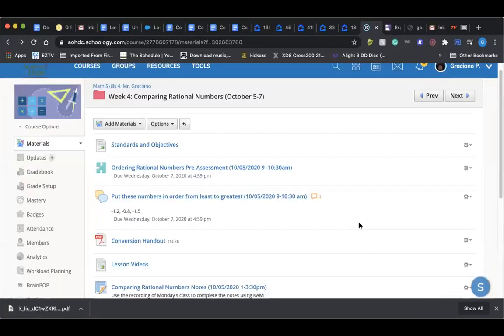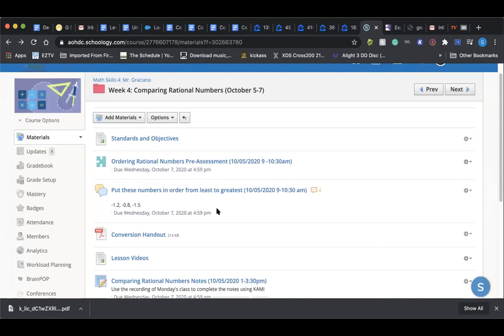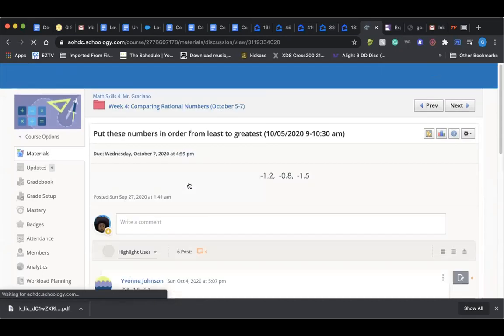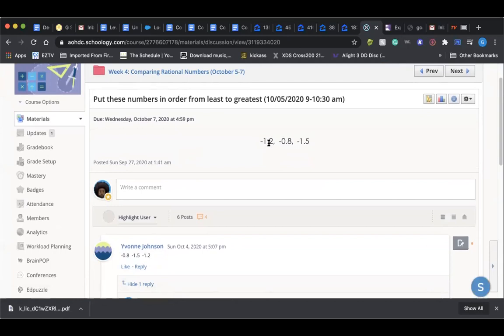Okay, so on our Schoology page, the second thing that I have listed here is this discussion post, put the numbers in order from least to greatest. And so we have the numbers negative 1.2, negative 0.8, and negative 1.5.